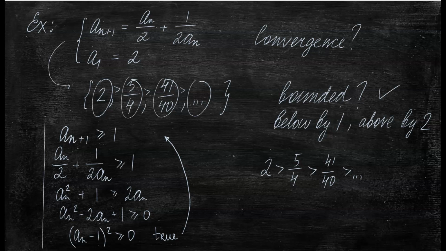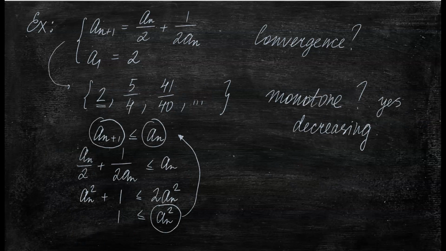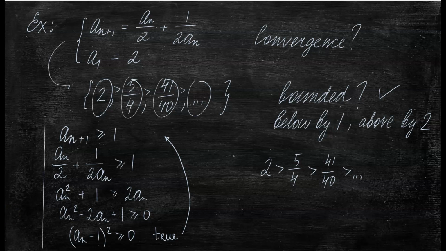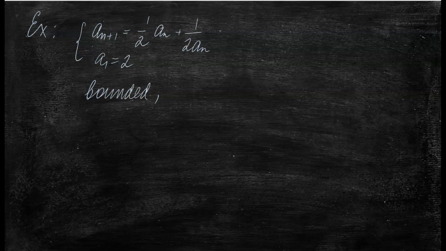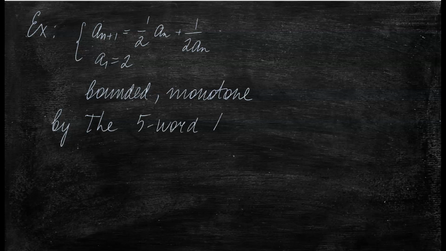Now the punchline here is that since we convinced ourselves that this sequence, defined recursively, is bounded and monotone, by the five-word theorem, this sequence converges.